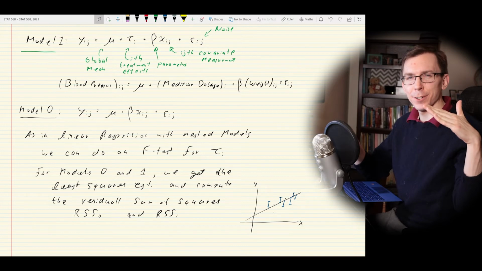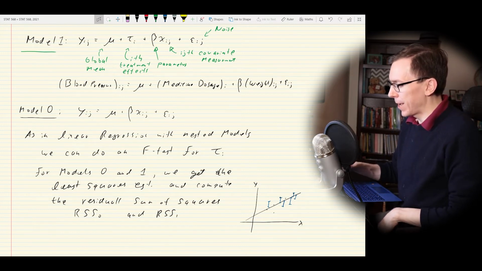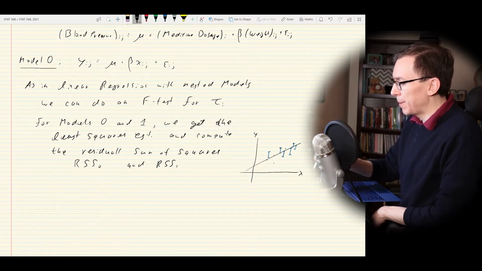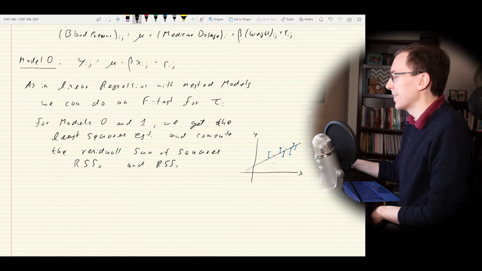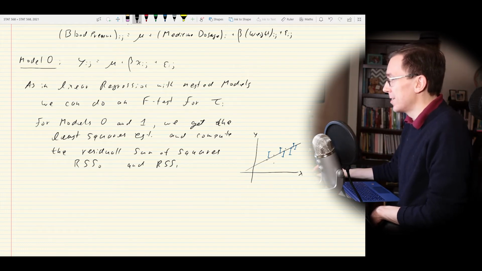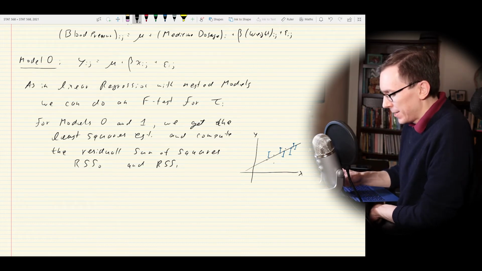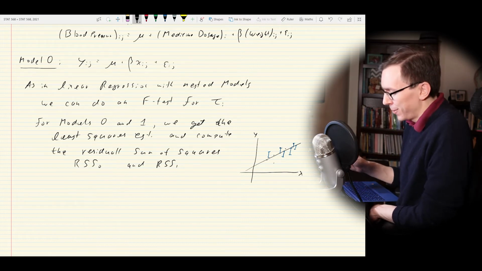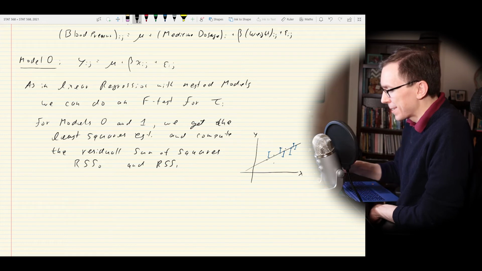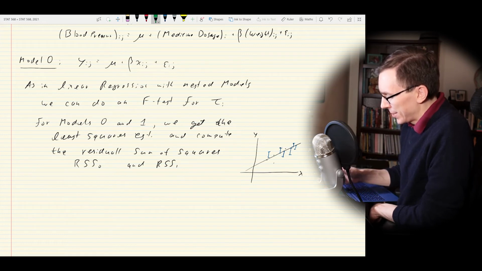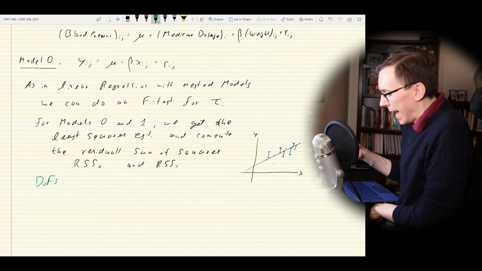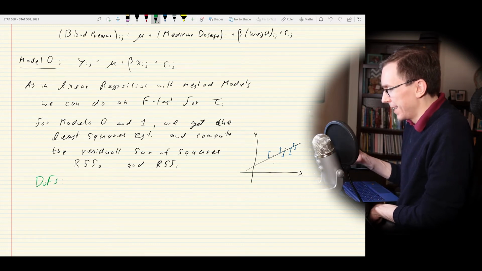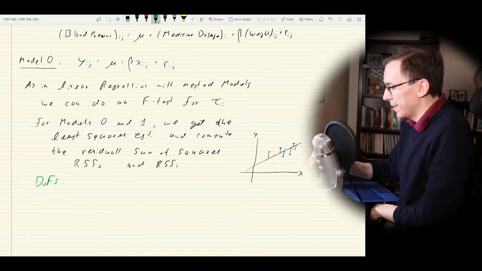They're changing the intercept of our linear regression model. But in this case, we're actually really interested in the tau I in the design of experiments setting. So what we do is we get an F statistic. Well, actually, first of all, we need degrees of freedom. So what I should say is we have two residual sum of squares, and they both have degrees of freedom.